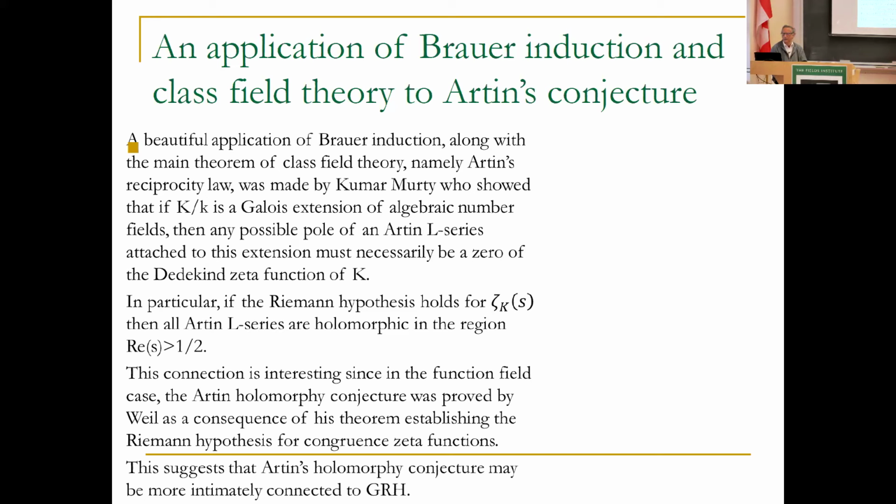So this connection is interesting, since in the function field case, the Artin holomorphic conjecture was proved by Weil as a consequence of his theorem establishing the Riemann hypothesis for congruence zeta functions. So this particular theorem is interesting for the simple reason that there may be an intimate connection between the Artin holomorphic conjecture and the generalized Riemann hypothesis.